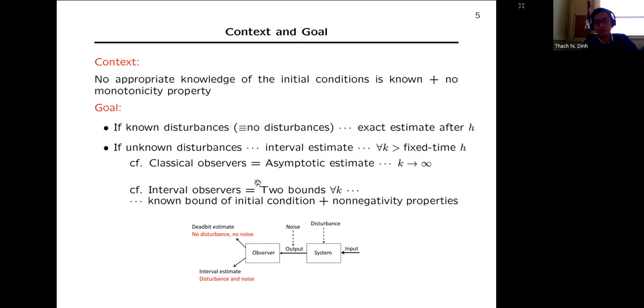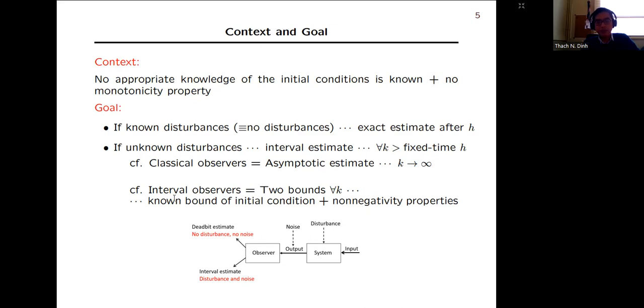For classical observers, we can reach only an asymptotic estimate and not an exact estimate, when k tends to infinity. Normally we cannot play on the convergence time for classical design. So here we have some advantages. We give an exact estimate and we can tune the convergence time.